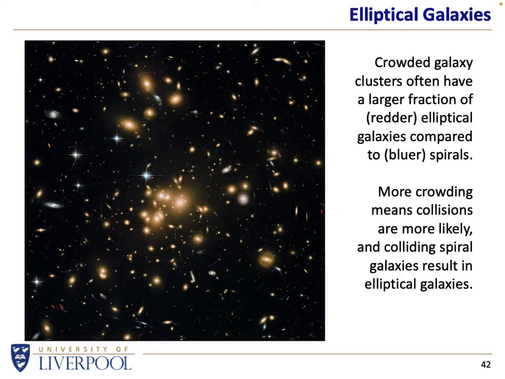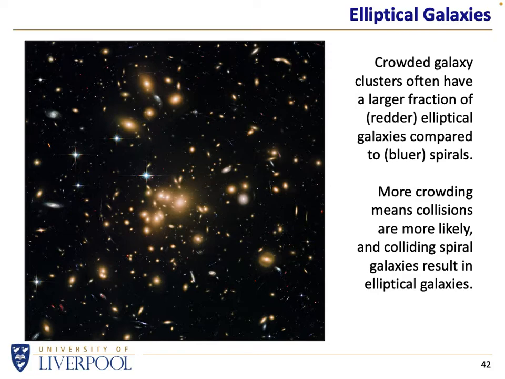When we look at galaxy clusters, some galaxies are in isolation, but a lot of galaxies are in clusters because they are where these filaments meet, for instance, so there are very dense regions of the universe. And generally speaking, in a lot of galaxy clusters, we find the galaxies tend to be these rugby ball-shaped, slightly redder galaxies rather than these smaller disk-like galaxies like these spiral galaxies, a few of which we can see in the background.